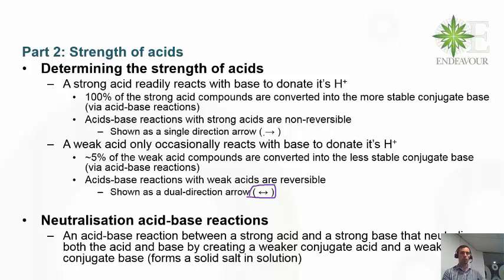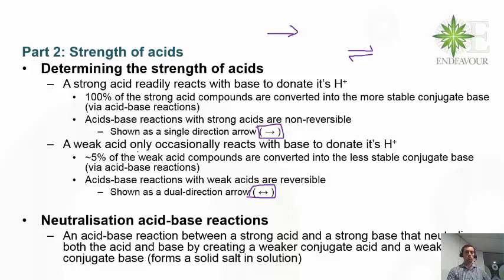So we can use that as a way of picking out which are the weak acids and which ones are the strong acids. Strong acids always have a single direction arrow in their acid-base reactions, whereas the weak acids will be involved in these reversible reactions.